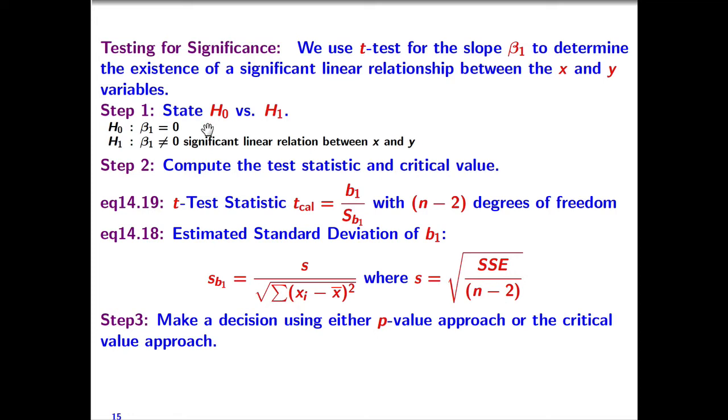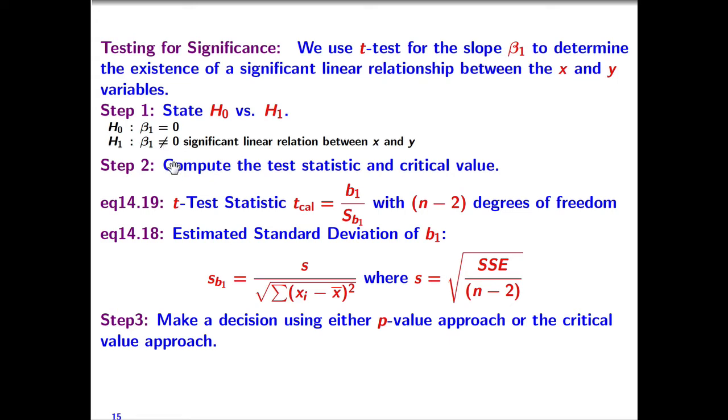Step number 1, just like what we had done before, state H0 versus H1, and H1 is our claim. We use beta 1 not equal to 0 to establish a significant linear relationship between x and y. The keyword is not equal, so we have a two-tailed test.